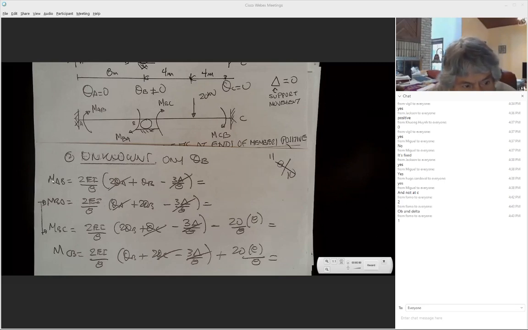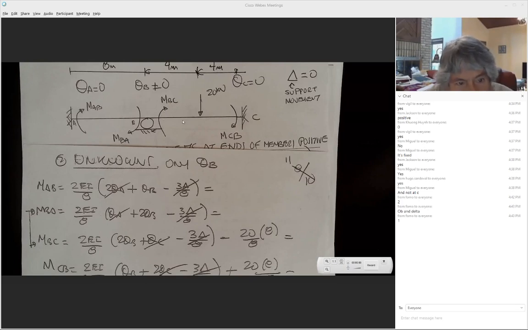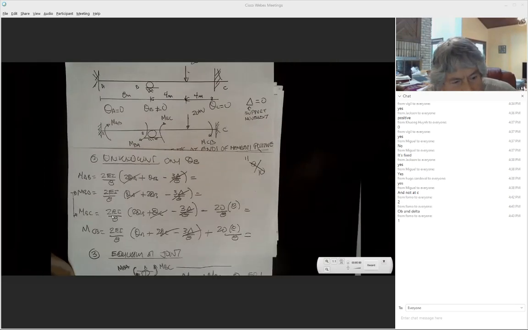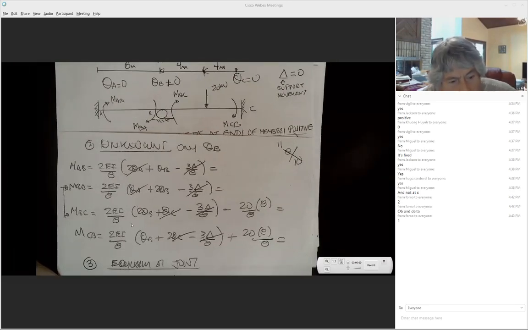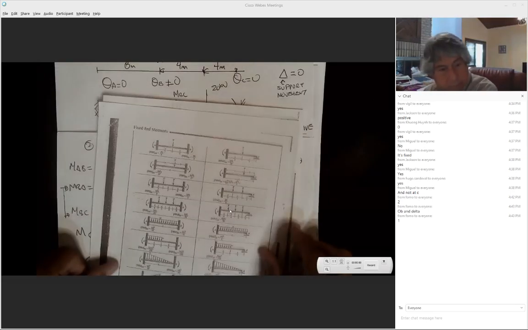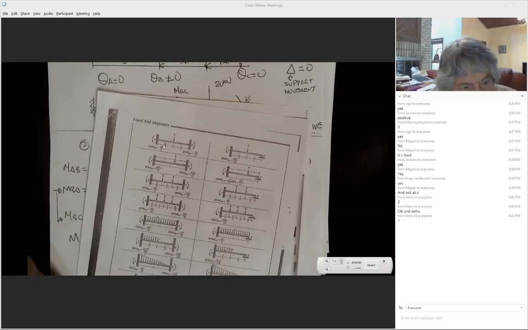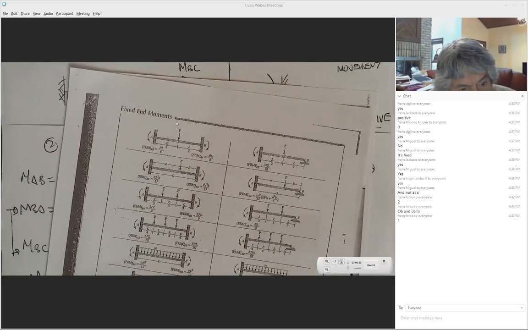So I have MAB, MBA, MBC. Now I have theta B and theta C. So MBC here: 2EI over L, 2 theta B plus theta C minus 3 delta, minus, now I have a fixed moment, PL over 8, minus because the moment on the left-hand side is counterclockwise.